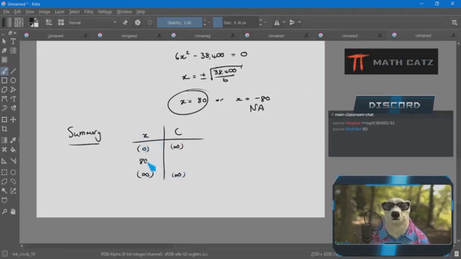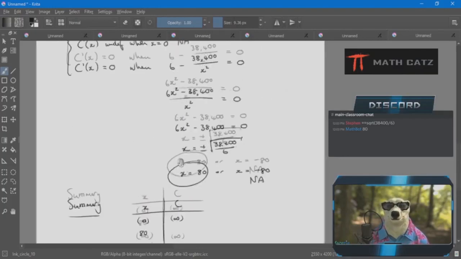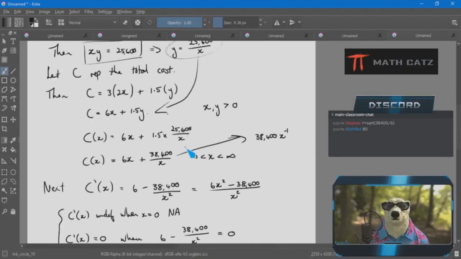The only thing of interest that falls within my practical restrictions is this 80. What is the cost? When x is 80, I can go to this function, but seeing it's going to be the answer, I might as well find y and look at this nice simple version of the cost function.